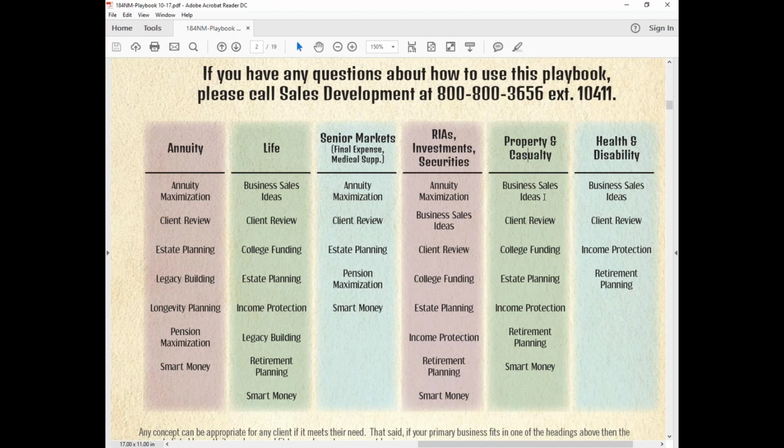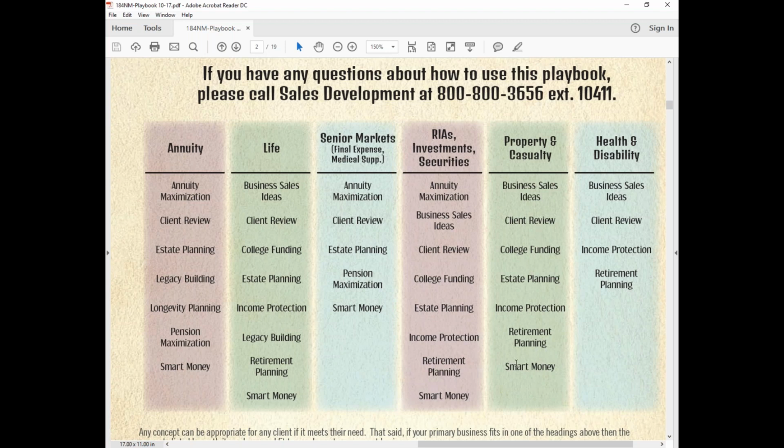So business sales ideas, meaning that if you're working with PNC clients but you're mostly on the commercial side, these business sales ideas are going to be fantastic for you to add to your client's portfolio, plus these other ones for the personal lines as well.